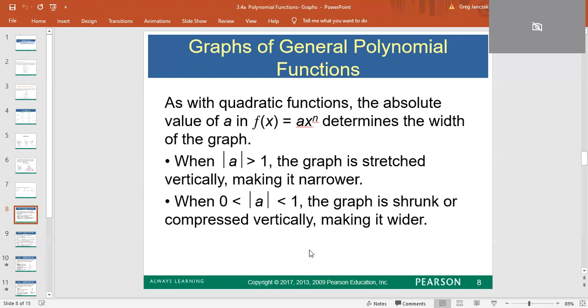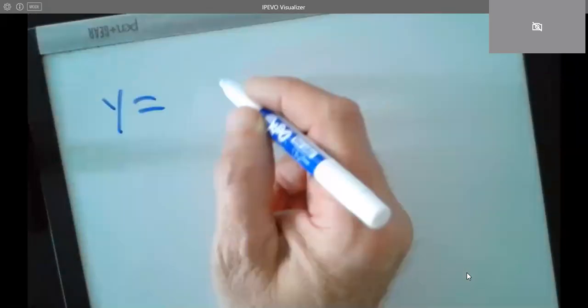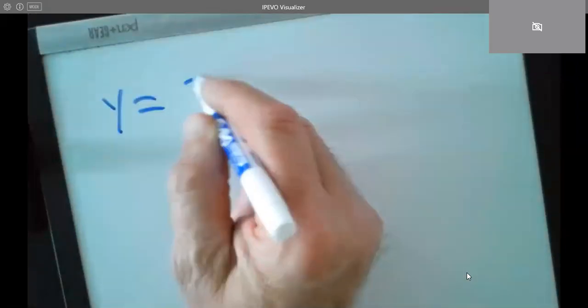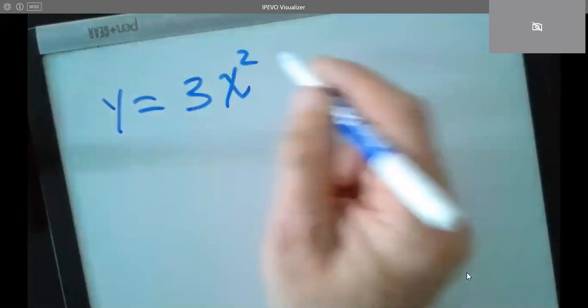Well, let's see what we get here. So yeah, let's do that. Okay, so in other words, if we have something like y equals 3x squared.